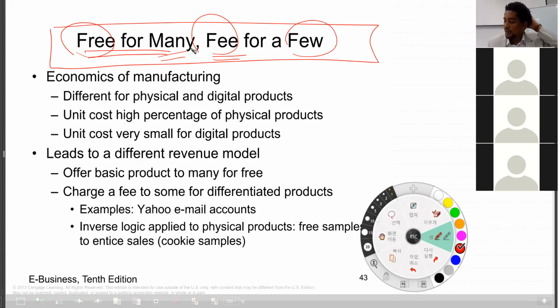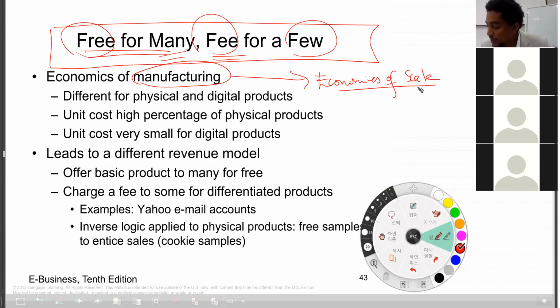As you know, in manufacturing there is what we call economies of scale, right? Economies of scale means when production increases, the cost of production decreases, right?